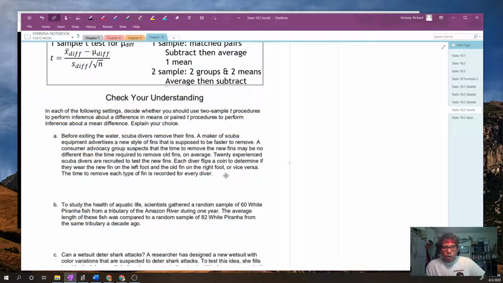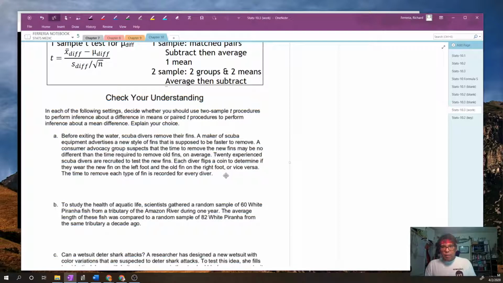Before exiting water, scuba divers remove their fins. A maker of scuba equipment advertises a new style of fin that's supposed to be faster to remove. A consumer advocacy group suspects that the time to remove the new fins may be no different than the time required to remove the old fins on average. 20 experienced scuba divers are recruited to test the new fins.